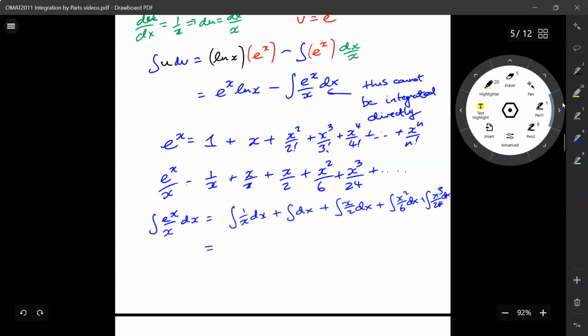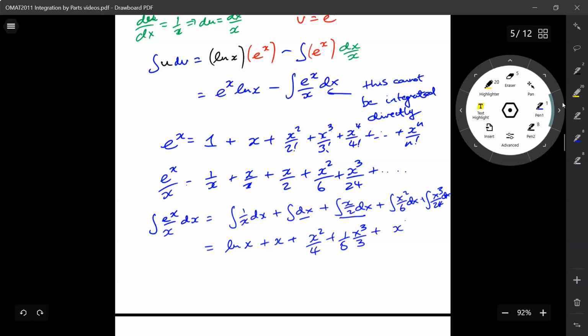And if we integrate each of these, the integral of 1 over x is the log of x. The integral of dx is x. The integral of x is x squared over 2, but we already have a 2 there, so it's x squared over 4. The integral of x squared over 6 is 1/6 times x cubed over 3.